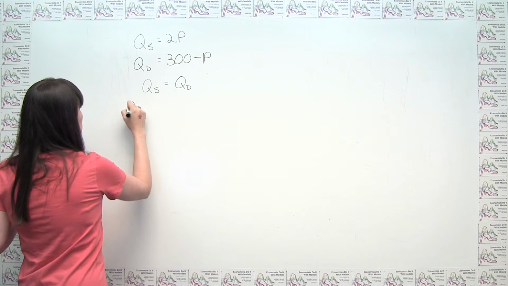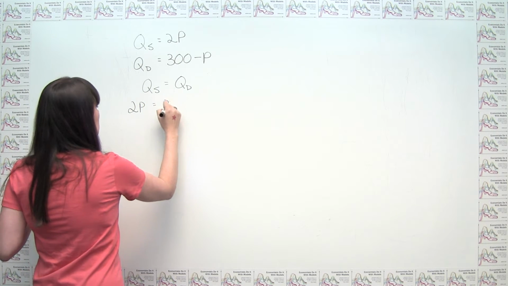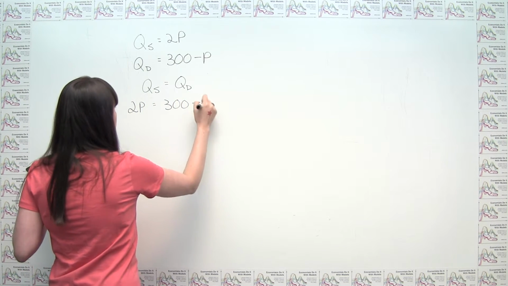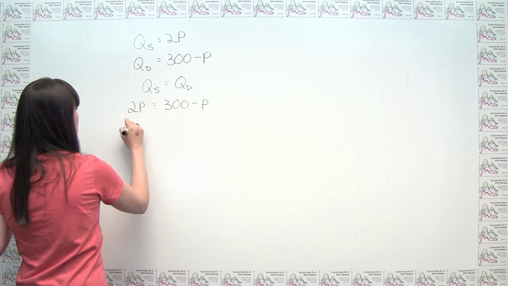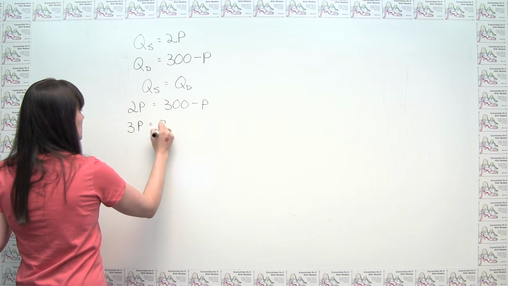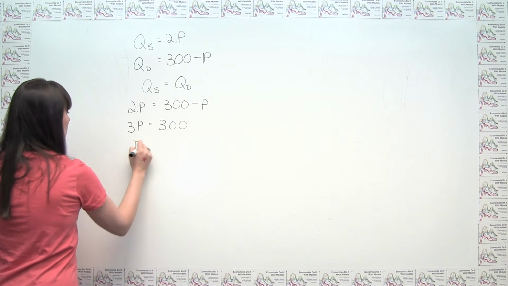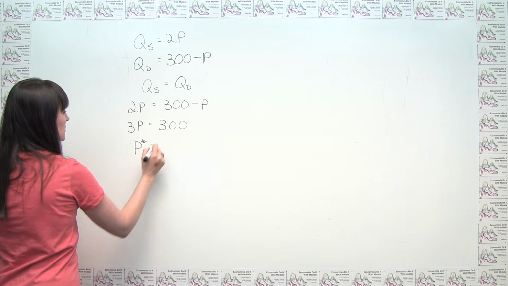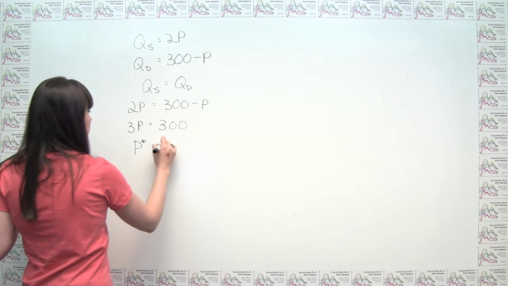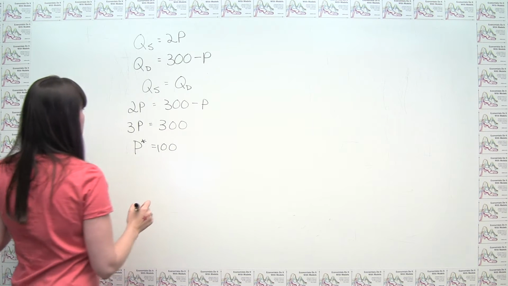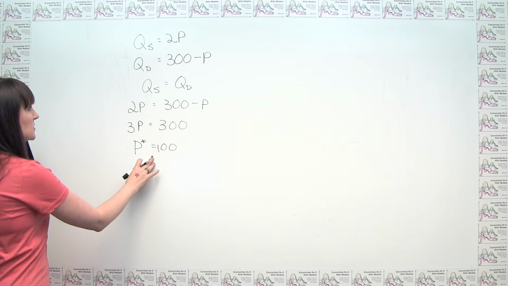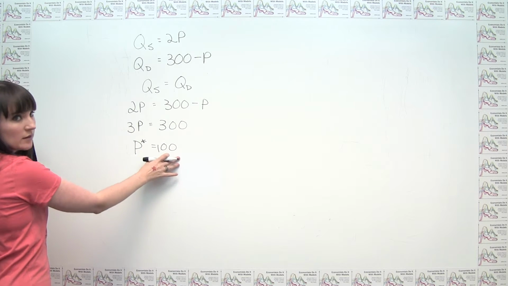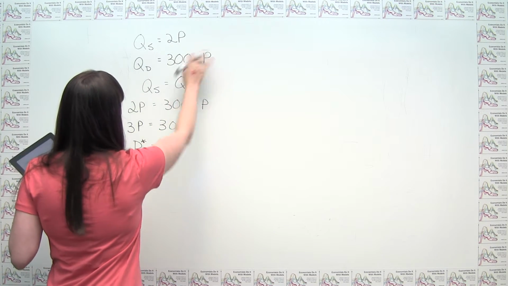So we see 2P equals 300 minus P. By pulling this over, we get 3P equals 300, or P star, which is what we use to refer to an equilibrium price, is 100. Then to find the equilibrium quantity, we plug this P star into either one of our equations.